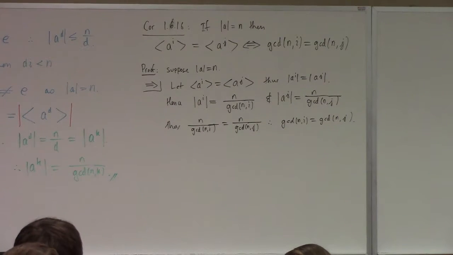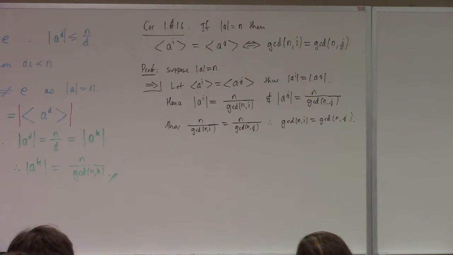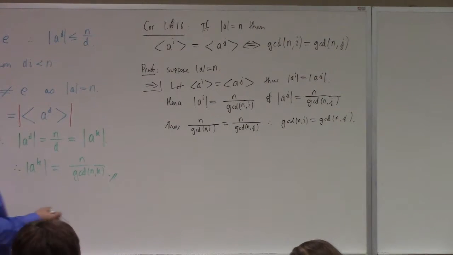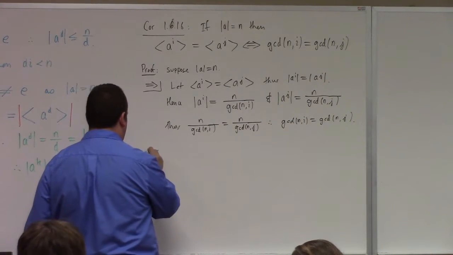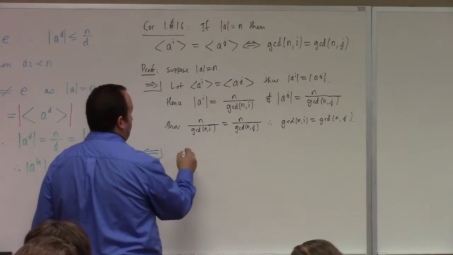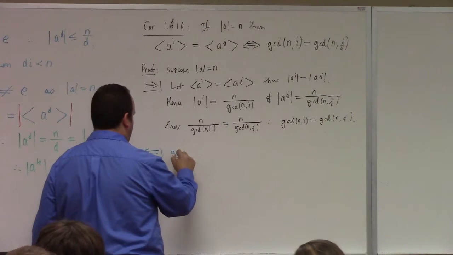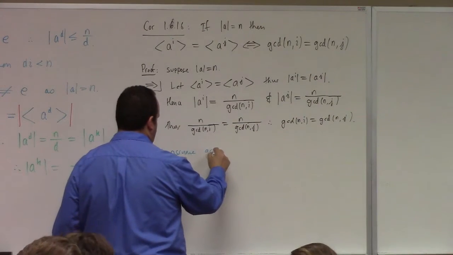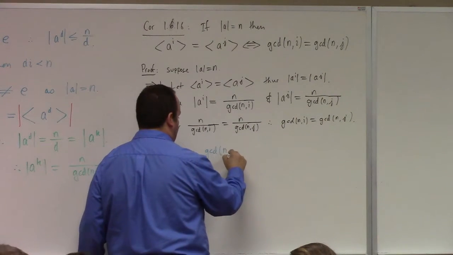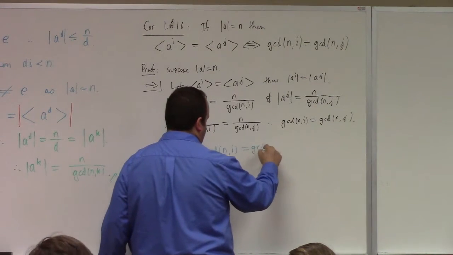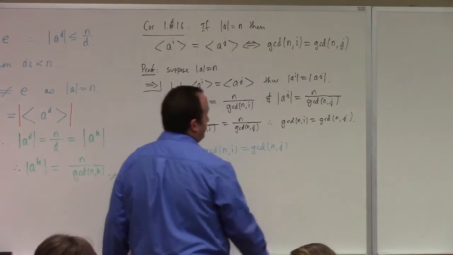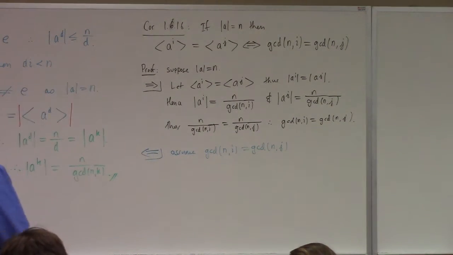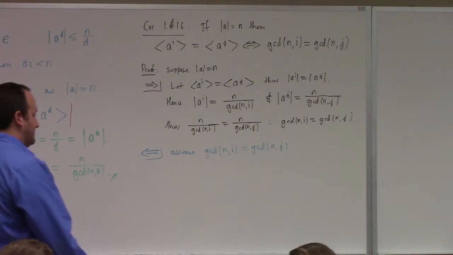How about the other direction? We have what? So assume that the greatest common divisor of n and i is equal to the greatest common divisor of n and j. That tells me what?